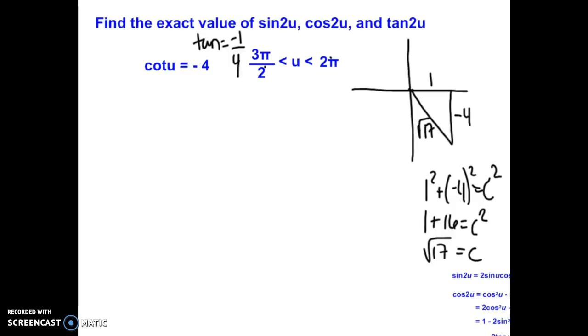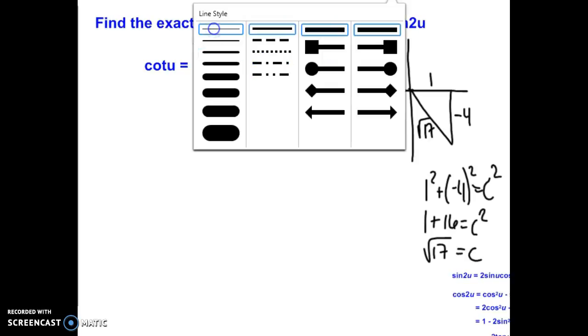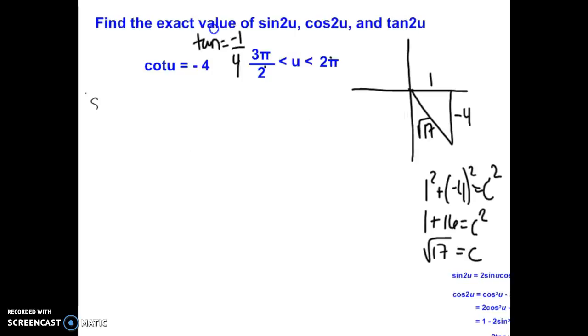Now, to find the sine, I plug in. So I'm going to make my pen thinner so I can fit it all in here. The sine of 2u is going to be 2 times the sine value, which is negative 4 over root 17, times the cosine value, which is 1 over root 17. Doing my math, I get negative 8 over 17.